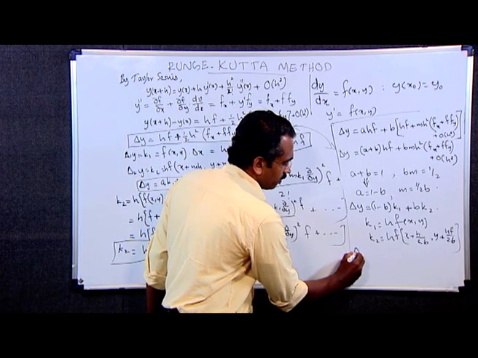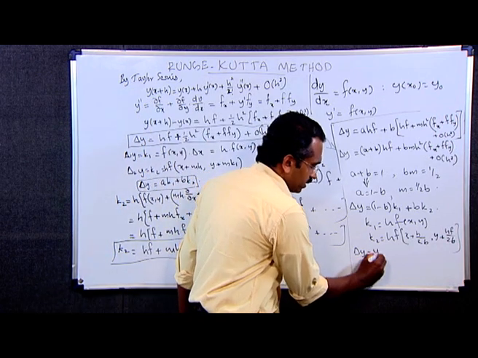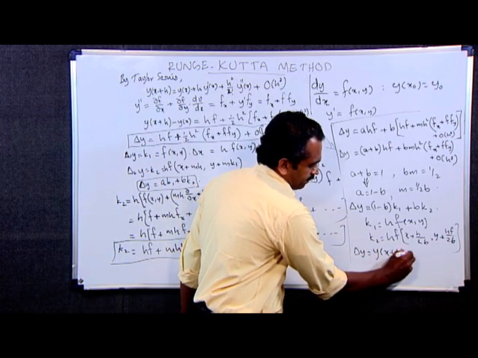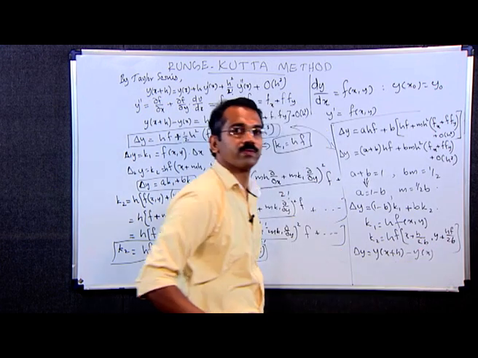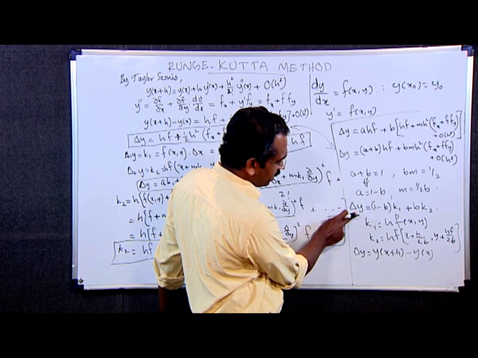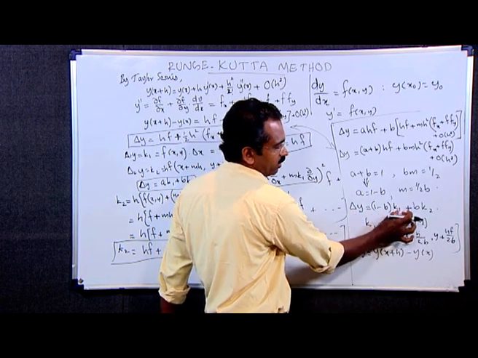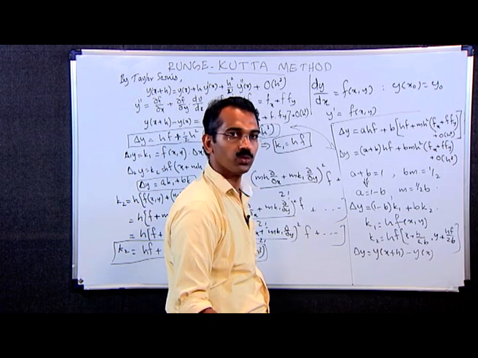Now, delta y is equal to y of x plus h minus y of x. Therefore, we can write from here delta y is y of x plus h minus y of x, which is equal to 1 minus b into k1 plus b into k2.